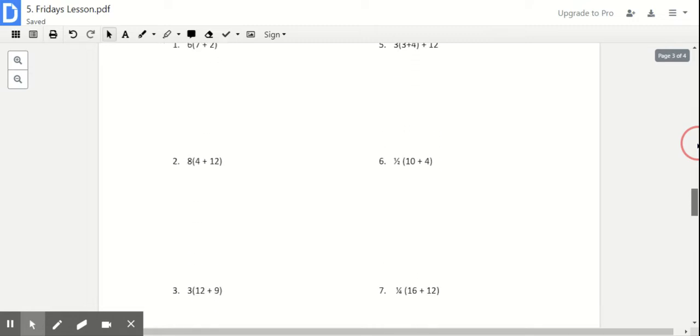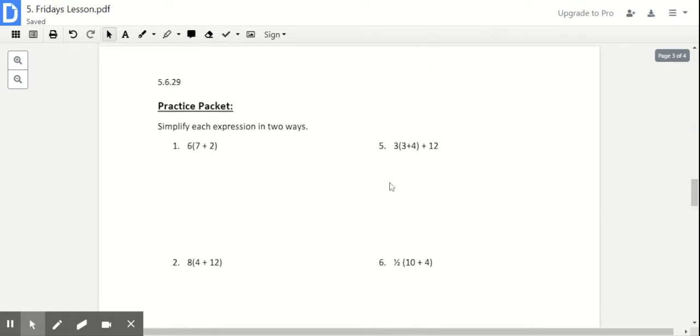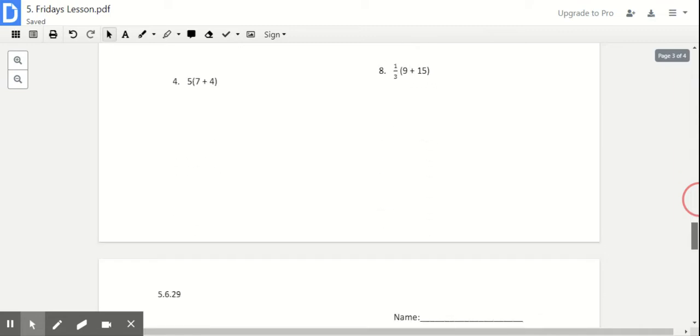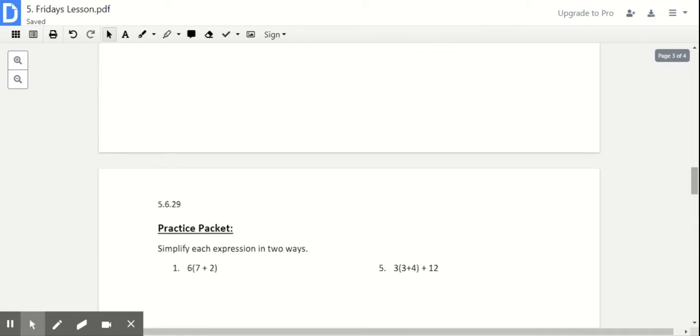Realize also, because number 5 is a little bit tricky, you are only doing the distributive property and what's in parentheses first, clearly with the value that's connected to the parentheses. This plus 12 should be added after you do the work that's a part of the parentheses. All right. So go ahead and pause the video and get started on the practice packet.